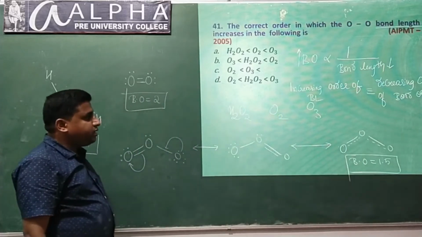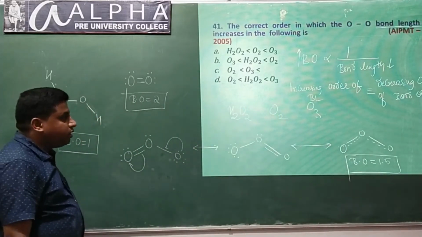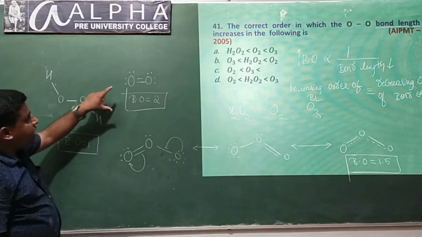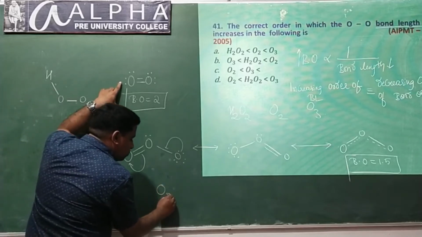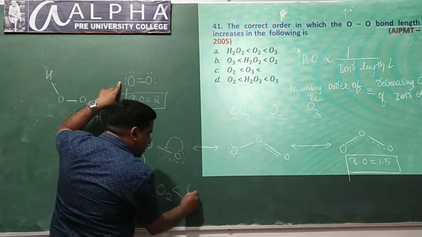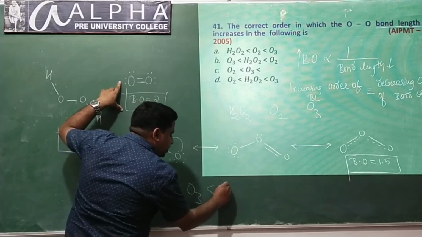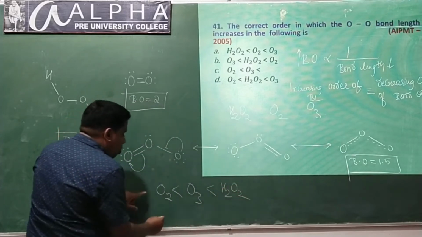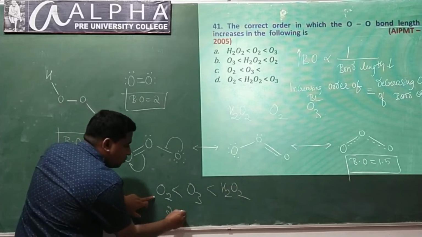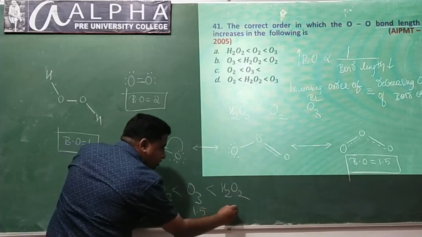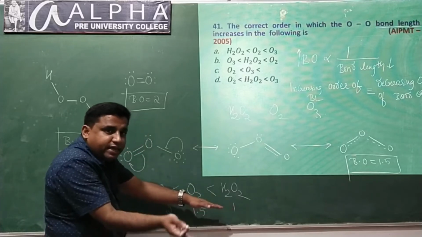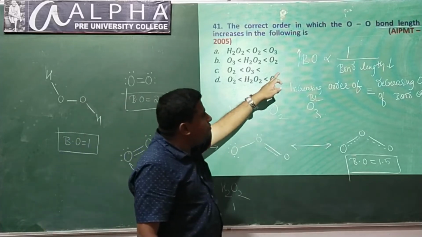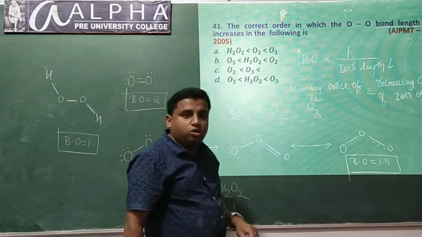So what is the correct answer? Increasing means decreasing order of bond order. So O2 has bond order equal to 2, so first comes O2, then O3, and then H2O2. The bond order for this is 2, for this is 1.5, for this is 1. Decreasing order of bond order means increasing order of bond length, because bond order is inversely proportional to bond length.